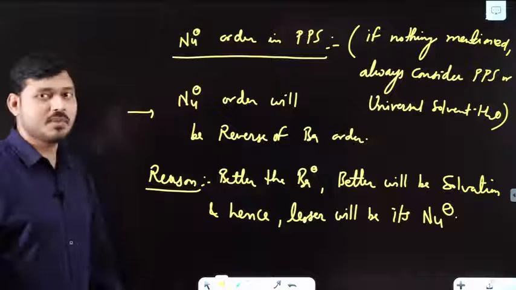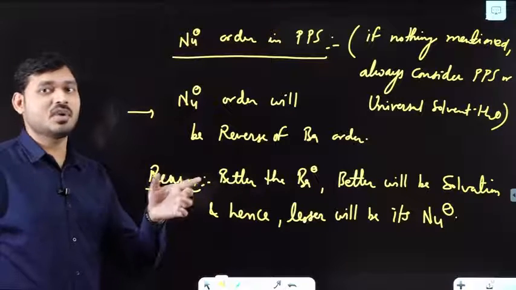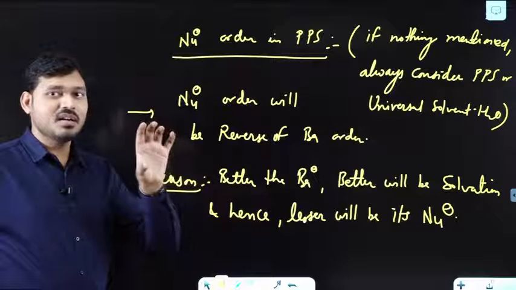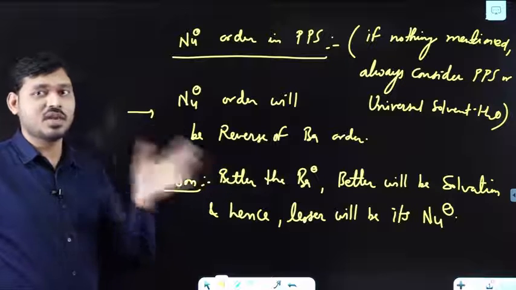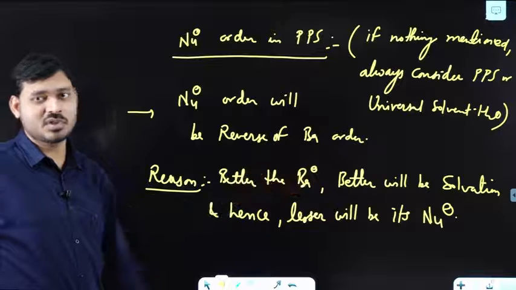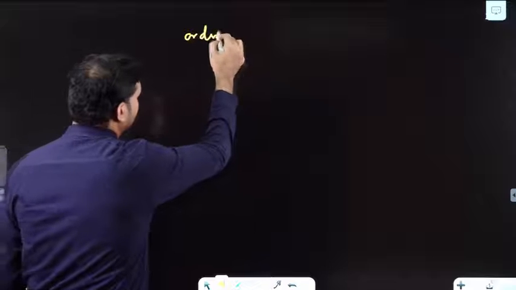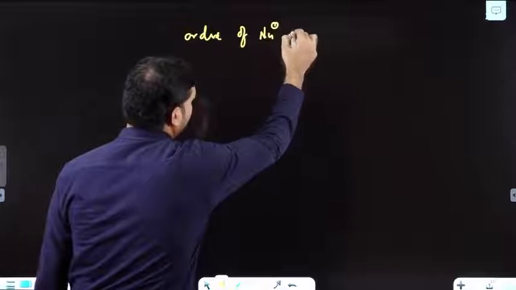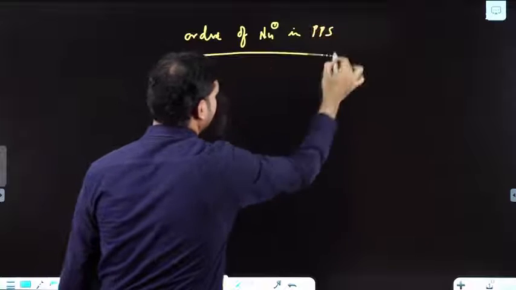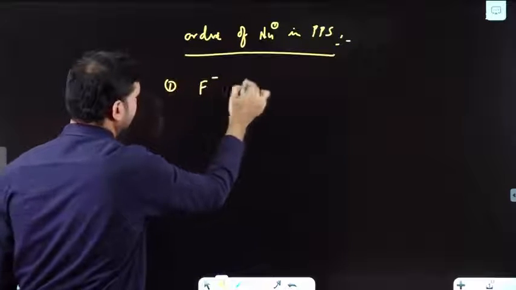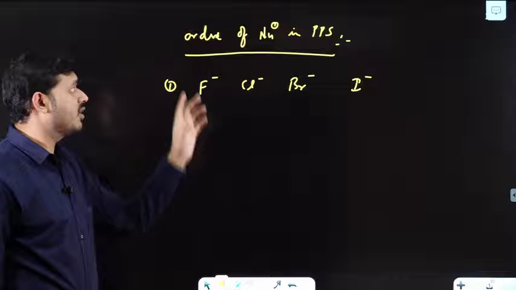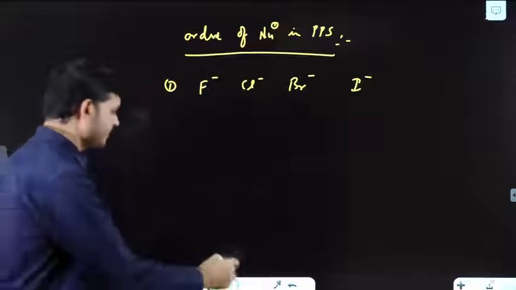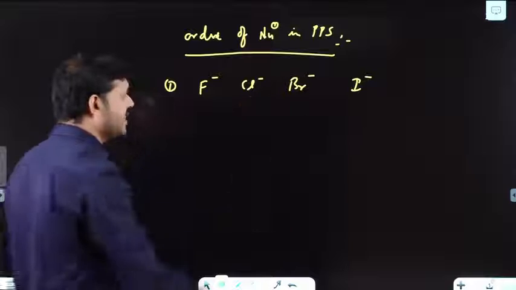Now if I have to say about the polarization factor, in general what will happen? The bigger the anion, the bigger the nucleophile, the better nucleophile. I considered this only in polar protic solvent. Now, in polar protic solvent, you have to tell the order of nucleophilicity: F minus, Cl minus, Br minus, I minus.